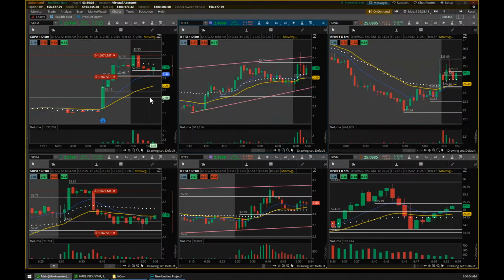Now look at SOPA here. Getting a little momentum. See this volume dying out on this pullback. So we got 2.5 minutes left on this candle.